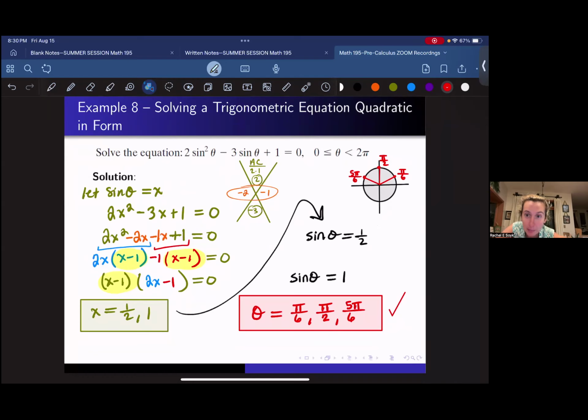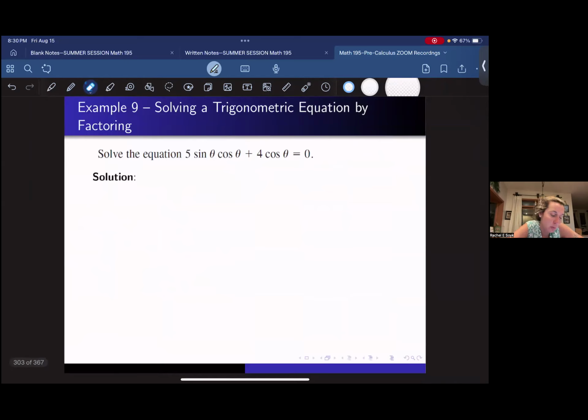Let's do example 9 together, which we have our equation to be 5 sine theta cosine theta plus 4 cosine theta equals 0. And so if we want to use our factoring skills, we can factor out a cosine theta from each term.